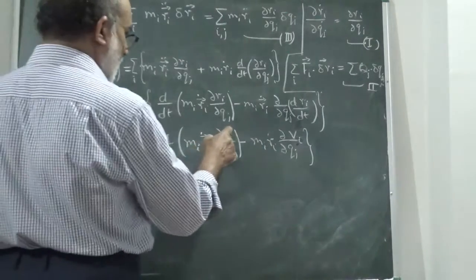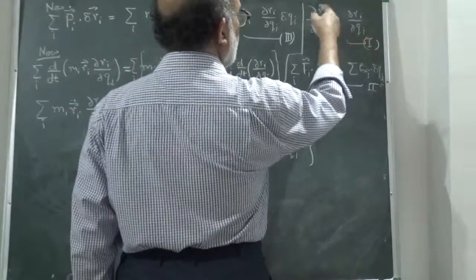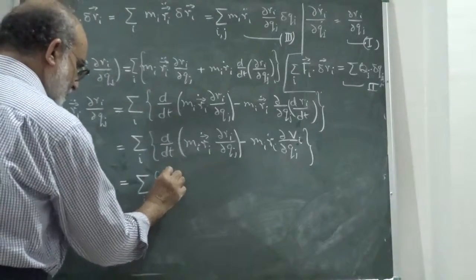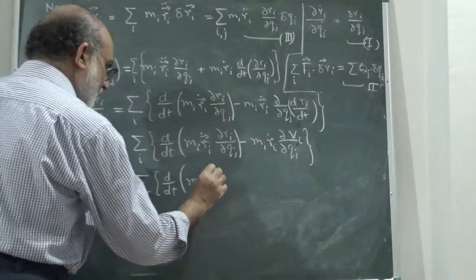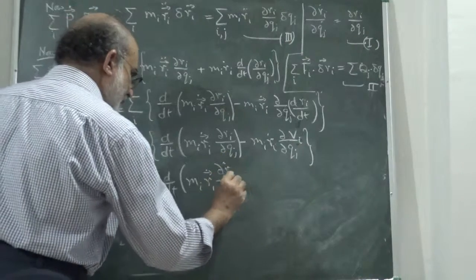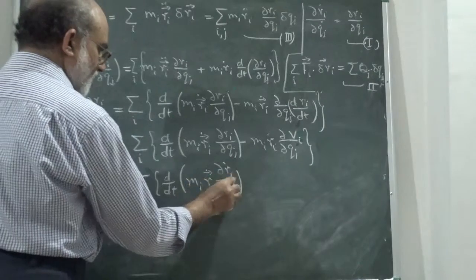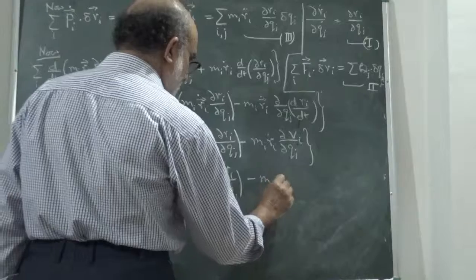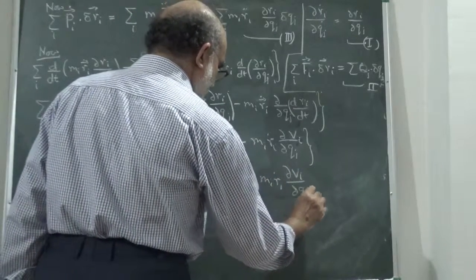Now this dri by dqj, from equation 1 we can write that delta ri dot by delta qj dot. Using equation 1, this will become Mi ri dot delta ri dot by delta qj dot. So this dot appears here from equation 1, minus Mi ri dot delta vi by delta qj.